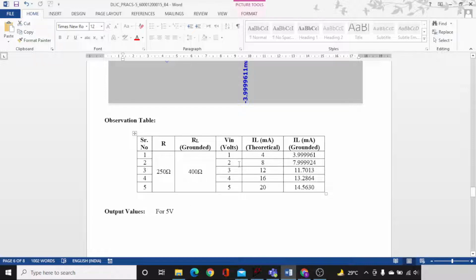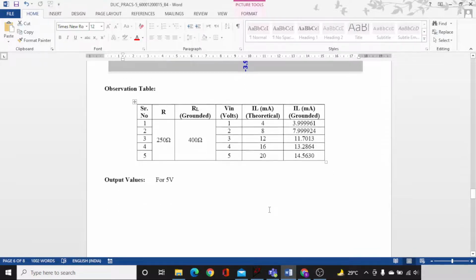Again, as I keep on increasing my input voltages, we can see the load current being approximately equal to the theoretical values. But when I'm giving 5 volts, my theoretical output should be 20 milliamps. But due to the increase in the voltage and even due to the effect of resistance, the current starts dropping down.